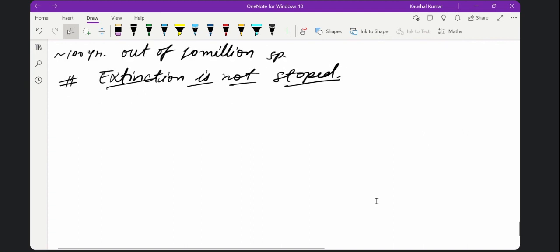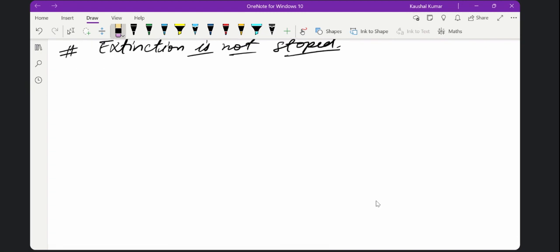This is species extinction. So far, five mass extinctions have happened, and we are moving towards the sixth mass extinction.